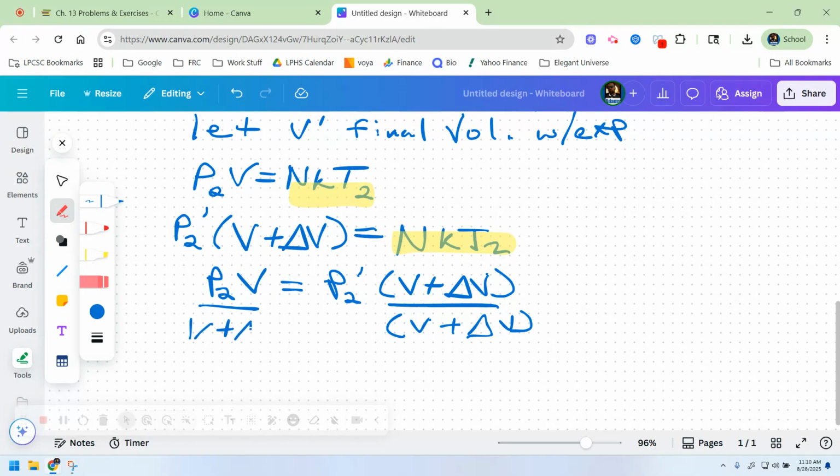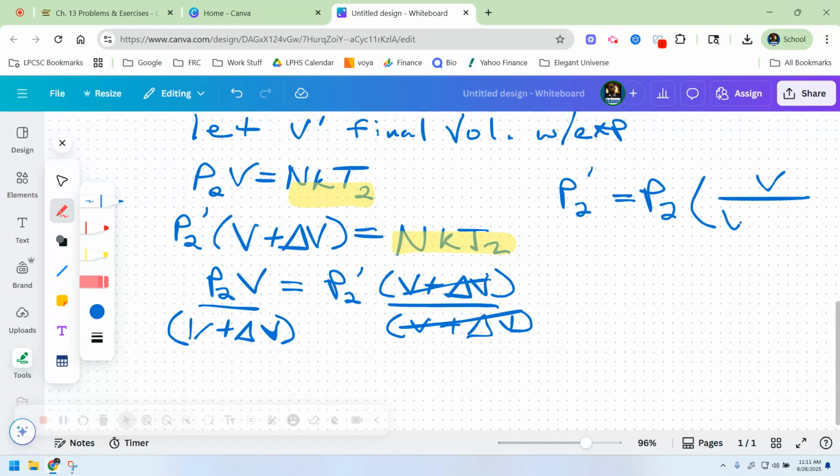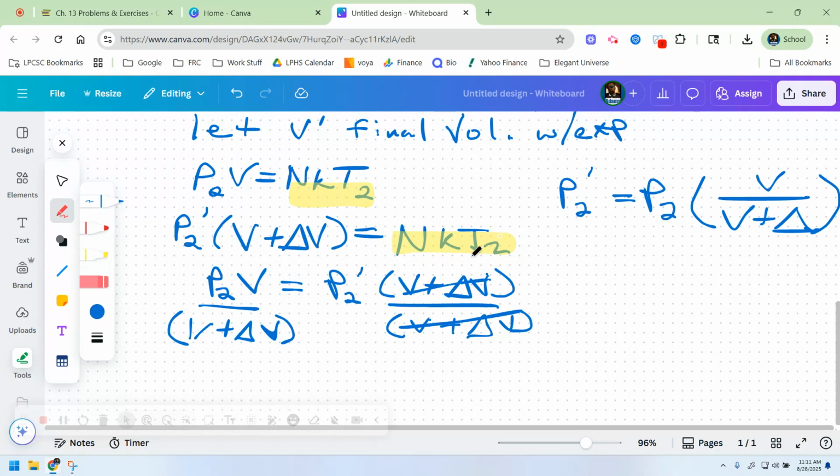Okay, and these cancel. And so you'll end up with P2 prime is equal to P2 times V over V plus delta V. I'm not quite sure why they wrote it differently, but they wanted to separate that for some reason. Oh, I know why.